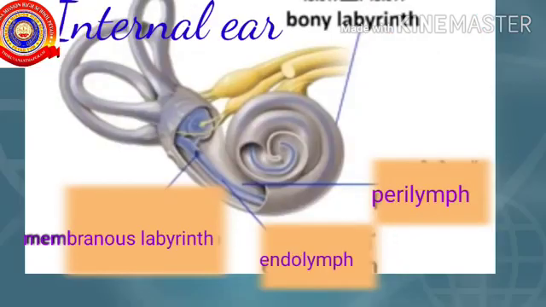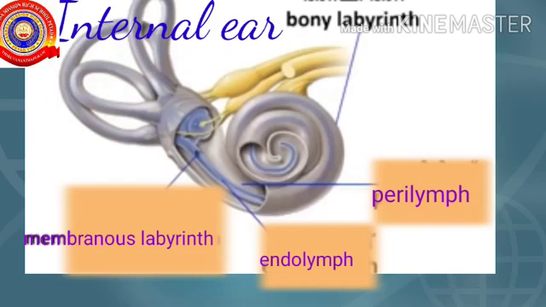Look at the picture here. This internal ear is protected in the skull inside a bony case which is called the bony labyrinth. And inside this bony labyrinth, there is a membrane which is called membranous labyrinth. And here, two fluids are there.